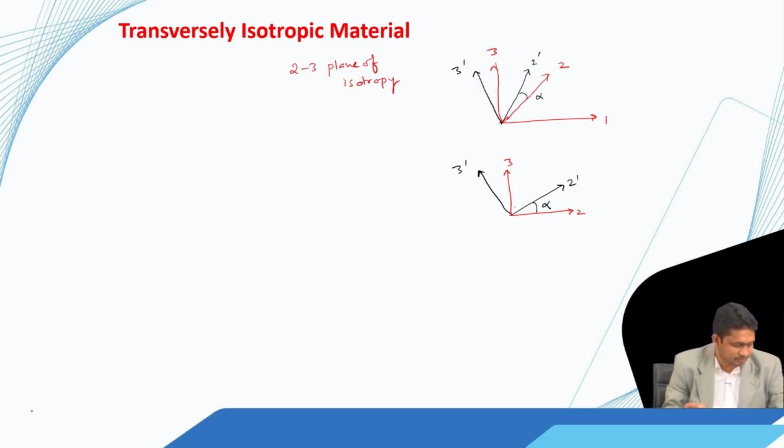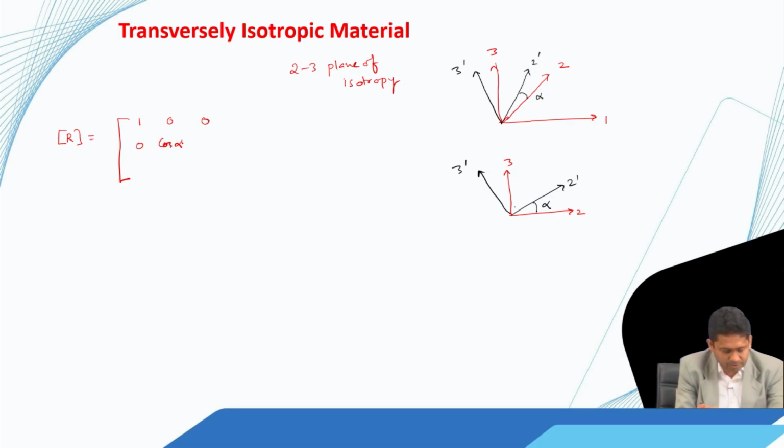So, for that, if I rotate this system with an angle alpha, the rotation matrix corresponding to this is 1 0 0, 0 cosine alpha sin alpha and then 0 minus sin alpha cosine alpha.